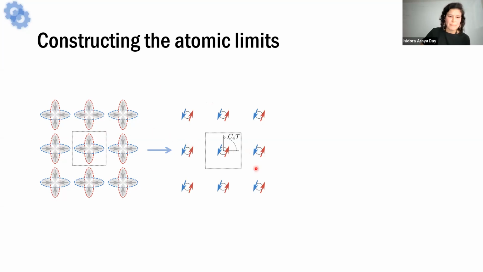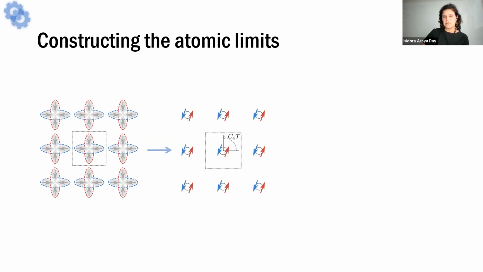So if we want to get spins that are at the center of the unit cell, we consider px and py orbitals, and we couple opposite spins within the same type, such that by coupling px within itself, we get a spin down here, and py within itself, we get a spin up here.